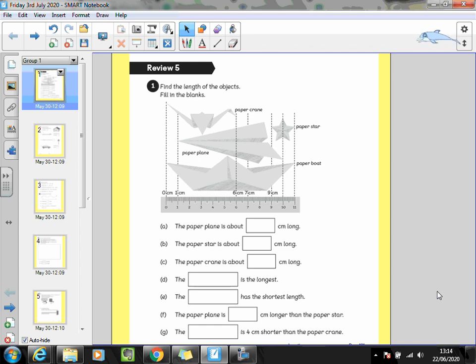D. Which object is the longest? E. Which object has the shortest length? F. The paper plane is how many centimetres longer than the paper star? And G. What object is 4 centimetres shorter than the paper crane?